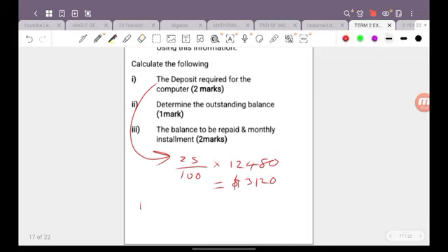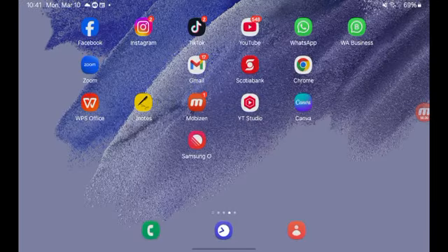So remember that the computer would have naturally cost a cash price of $12,480, but because you made a deposit of $3,120, the balance that you would have owed the company would have been the result of that difference.